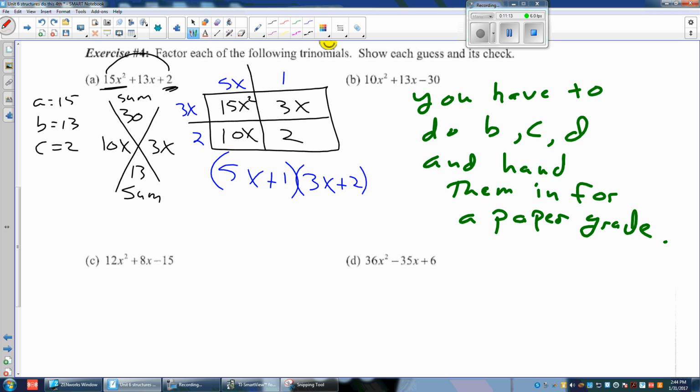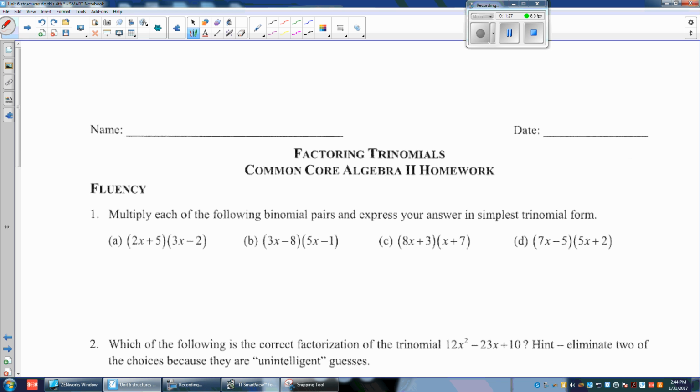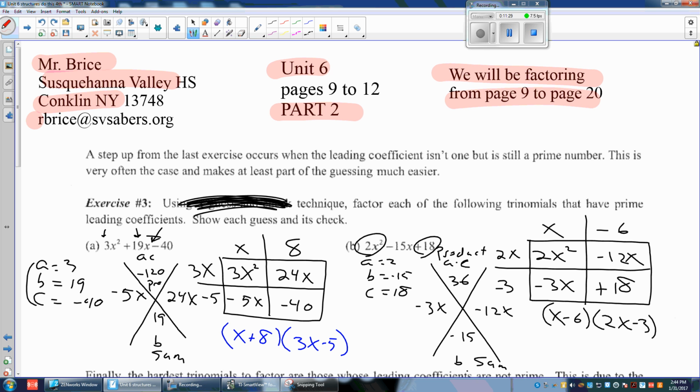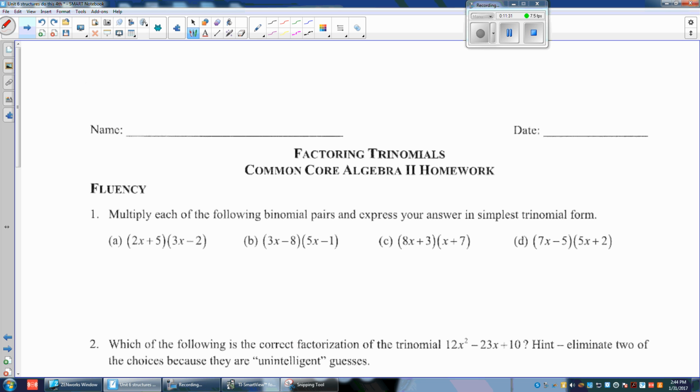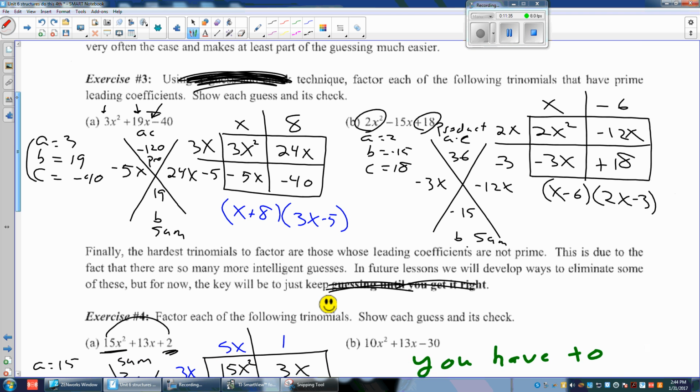If you have any questions, make sure you ask me. After we have this paper grade done, you know what your homework is? The next 2 pages. Give you 2 nights to do that. If you have any questions again, make sure that you ask me. I'll see you later.